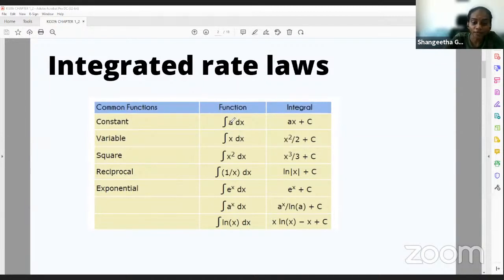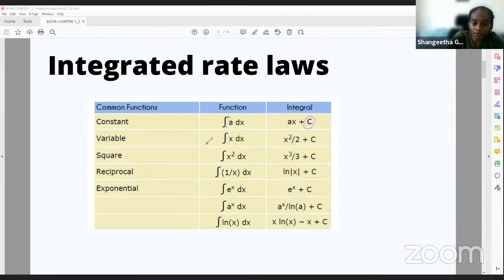So when you have a constant a and you integrate a dx, it becomes ax plus c. Now, the c here appears only when there are no numbers here, when it is empty. So if it is empty, then you have to plus c.